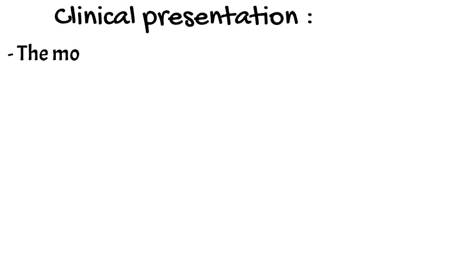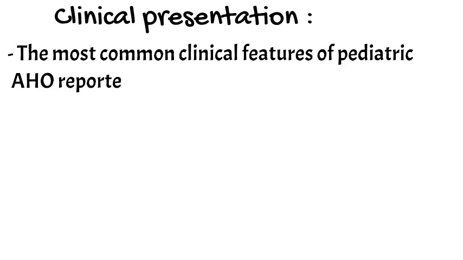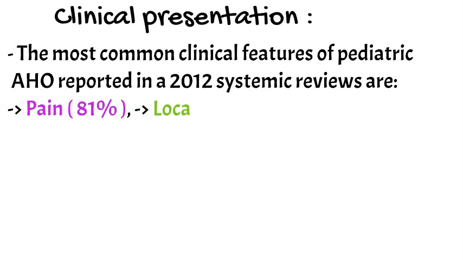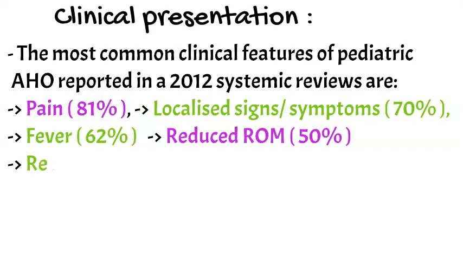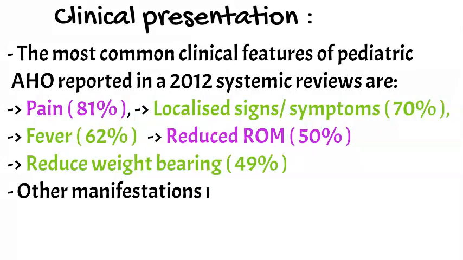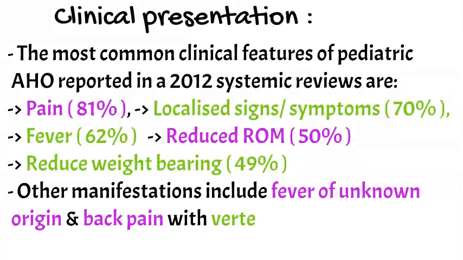In clinical presentation, the most common clinical features of pediatric acute hematogenous osteomyelitis reported in 2012 systematic reviews are pain around 81%, localized signs and symptoms around 70%, fever around 62%, reduced range of movement around 50%, reduced weight bearing around 49%.